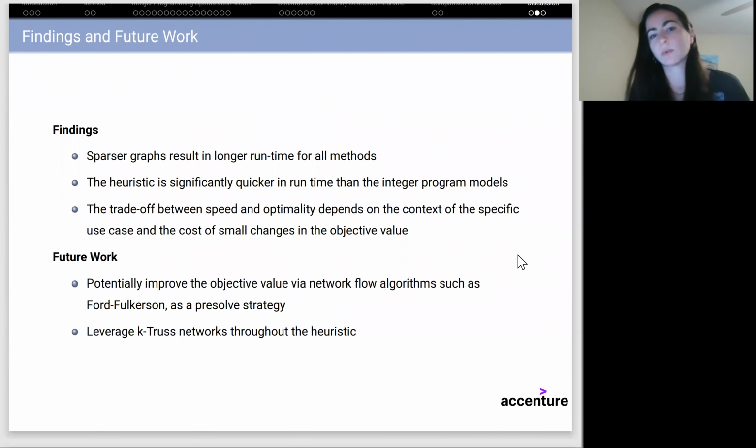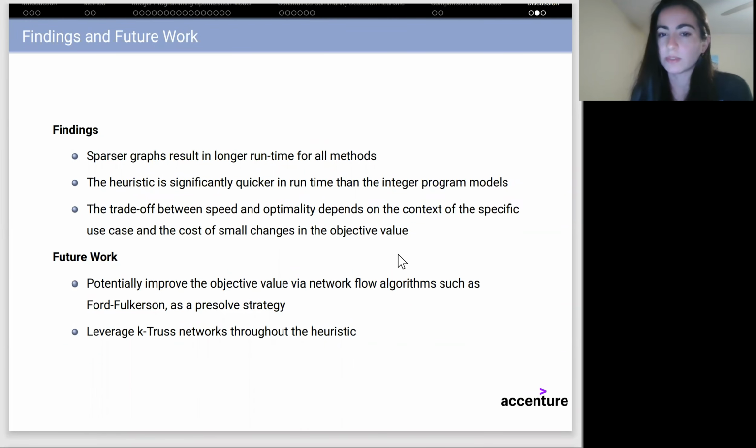Some findings: sparser graphs resulted in a longer runtime, and that was for all the methods. As we saw, the heuristic is a lot quicker than the integer program models, and the trade-off between speed and optimality truly depends on the context and specific use case and the cost of such small changes in the objective value.